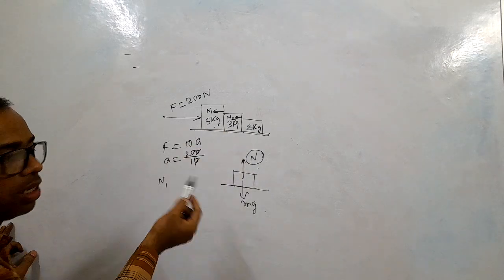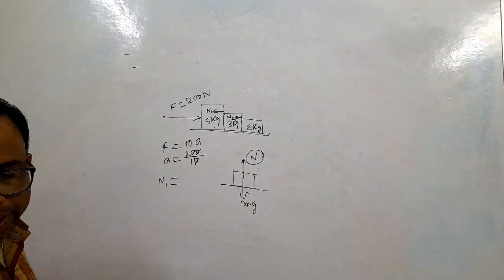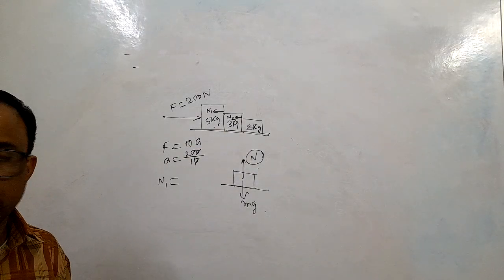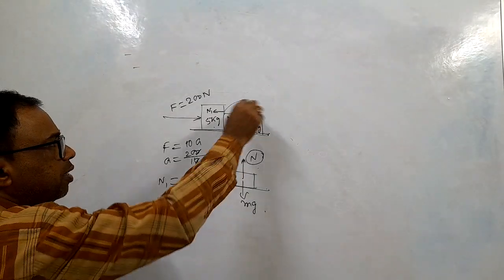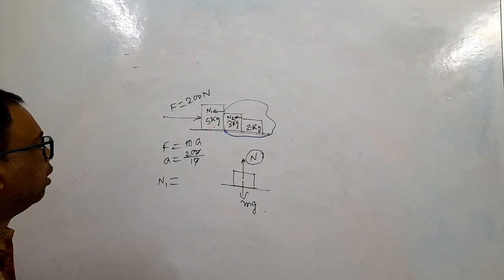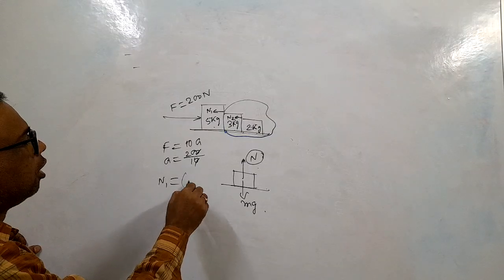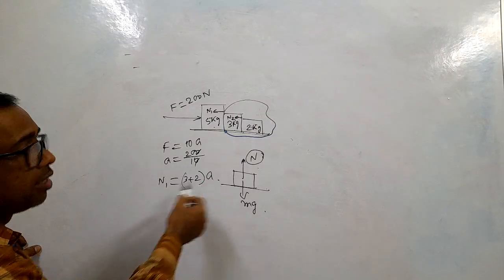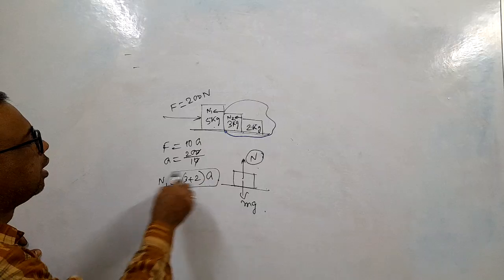Now N1 is the pseudo force experienced by these two masses, 3 plus 2 kg. So N1 equals 3 plus 2 into A. So N1 you get this.